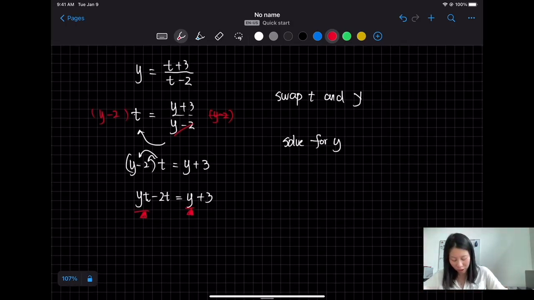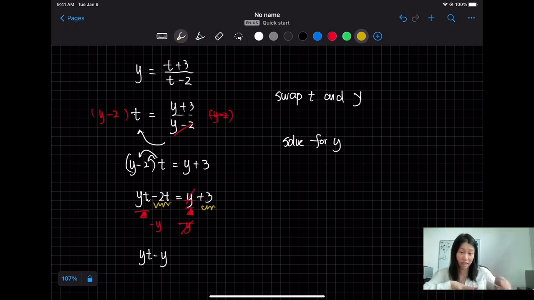So what we need to do is subtract y on both sides. So I will have yt minus y, and now we have a plus 2t. Again, you want to move that to the other side because it doesn't have the y. So when I add 2t on both sides, I will get 3 plus 2t.